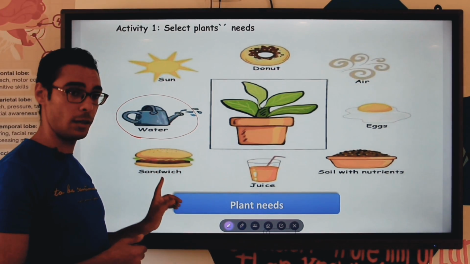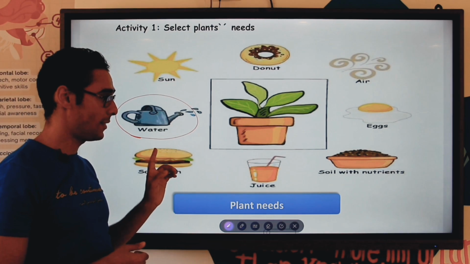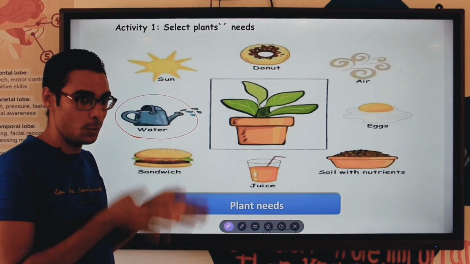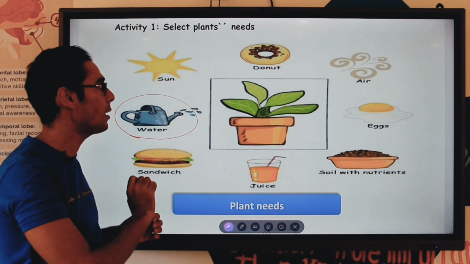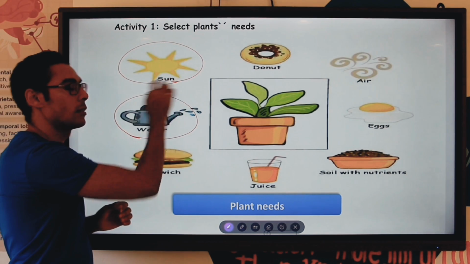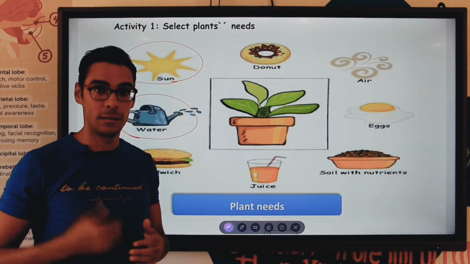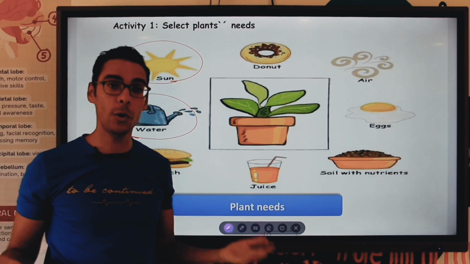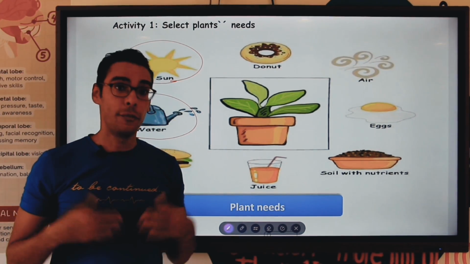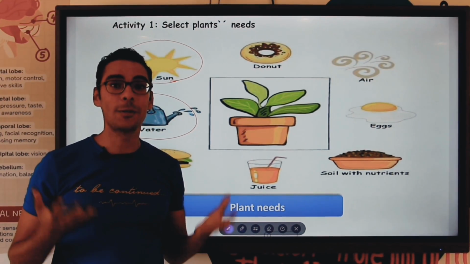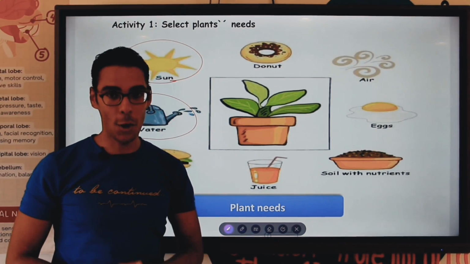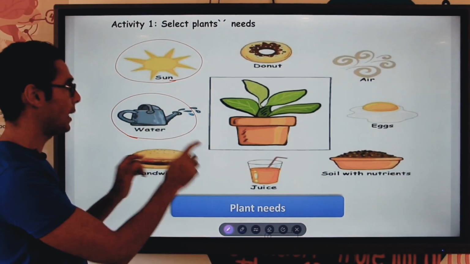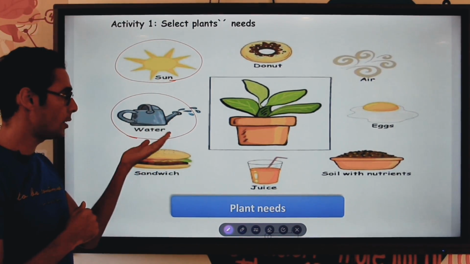I guess you are not looking for the burger sandwich, and you might not be thinking about the juice right now, but you might be thinking about sunlight. The plant needs the sun because the plant makes its own food by a process known as the photosynthesis process. The photosynthesis process is the process by which the plant makes its own food. So the plant needs sun and it needs water.